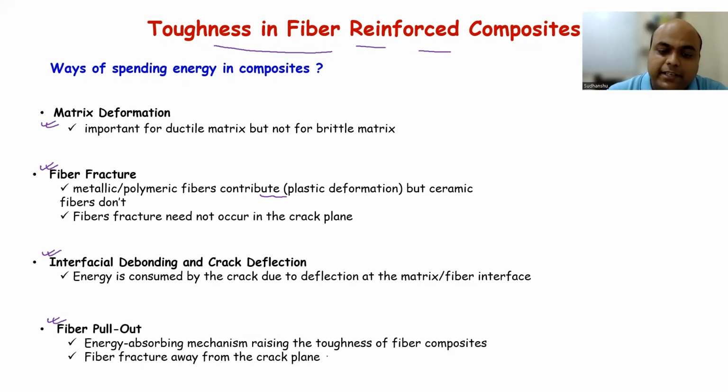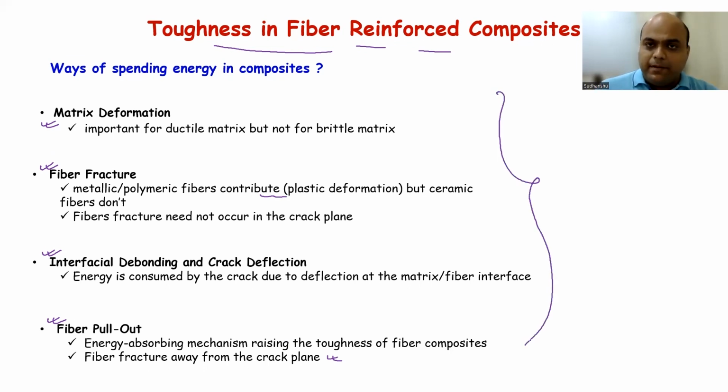Again, you will see that fiber fracture can happen away from the crack plane. So these are some of the ways where we are going to spend energy in fiber reinforced composites, and all these factors are going to contribute towards the toughness of fiber reinforced composites.